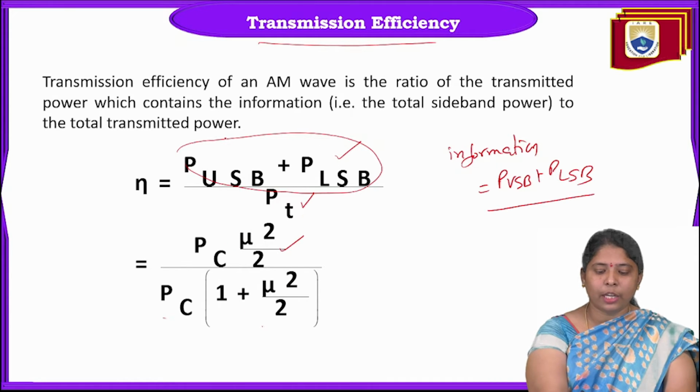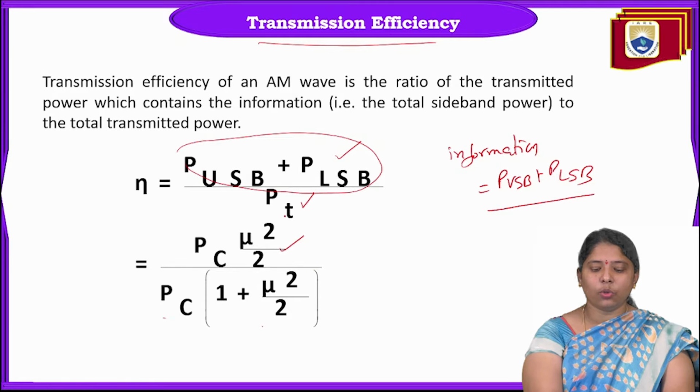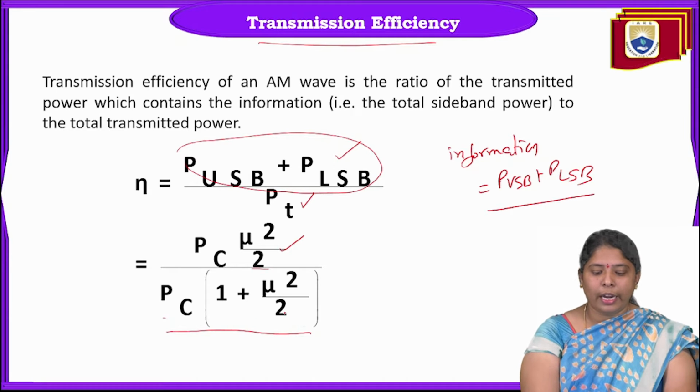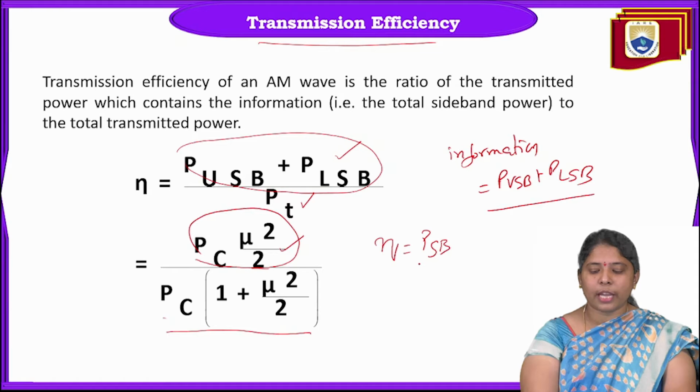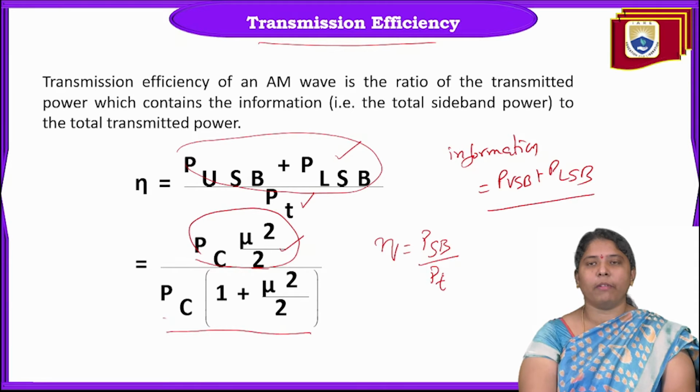This indicates the useful power in the total power, that is, how much power is useful in the transmission of the AM wave for sending the information. So the transmission efficiency is the ratio of sideband power to the total power.